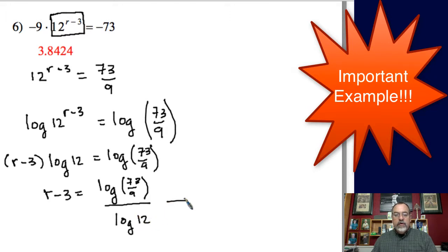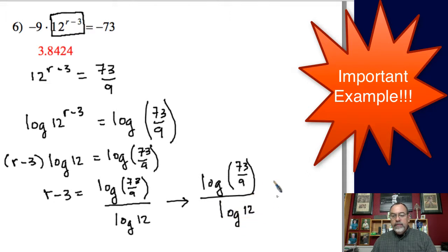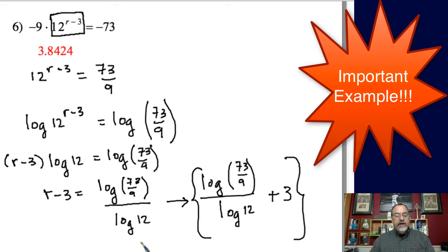And then we're solving for r, so we're going to add 3 to both sides. So this ends up being the log of 73 over 9 divided by the log of 12, that's one whole number, plus 3. So here would be my exact answer if I were not able to use a calculator in a test situation or something like that. So that's my exact answer.